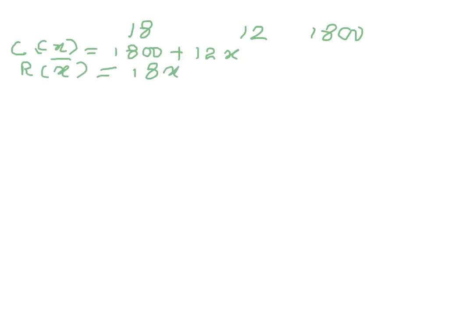Now we know the two functions, cost and revenue. We need to draw these two functions on the graph, considering our x value between 0 to 800, because it is given information.